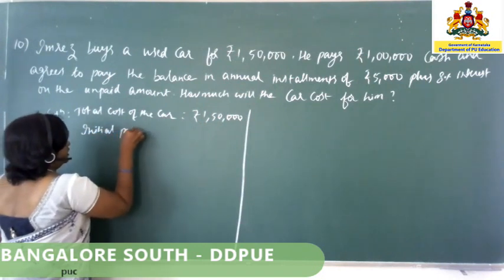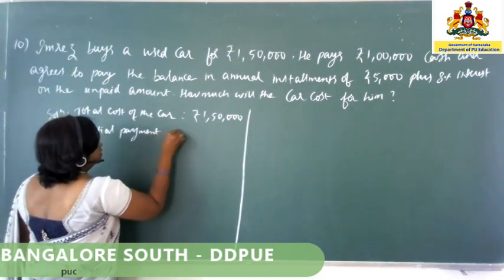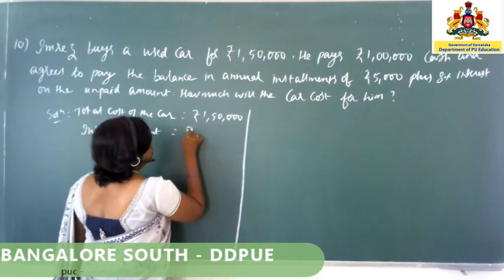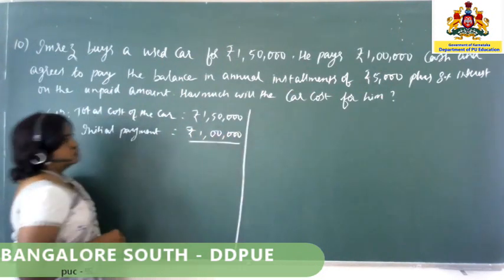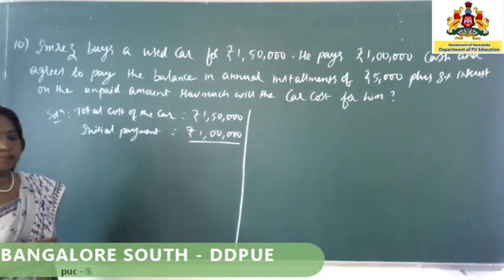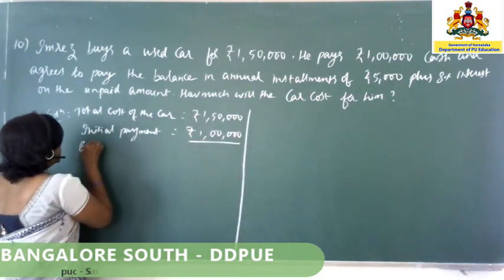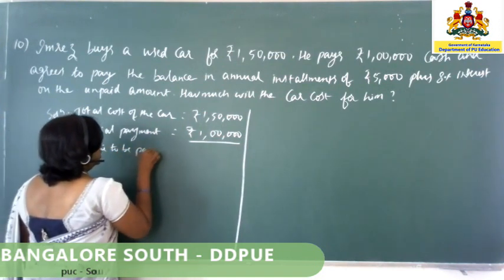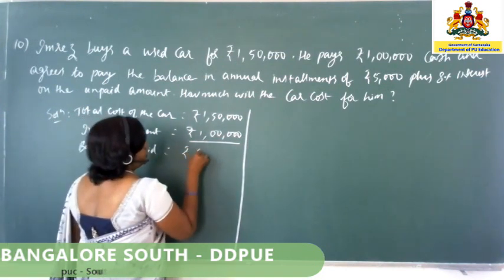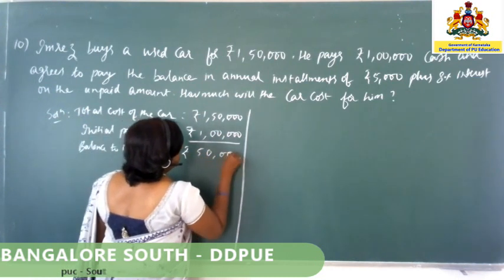So the balance to be paid is equal to rupees 50,000.